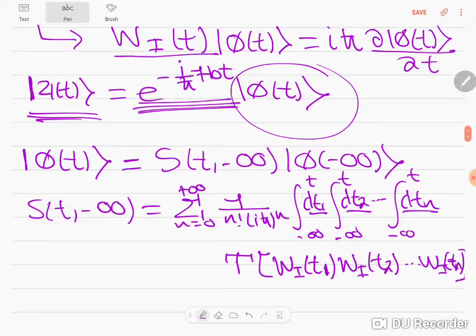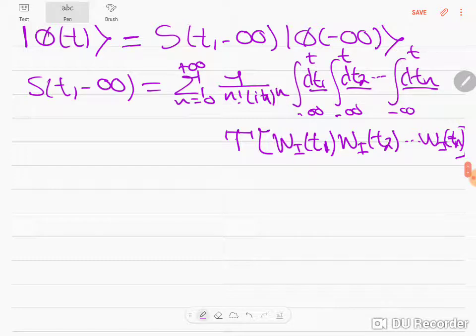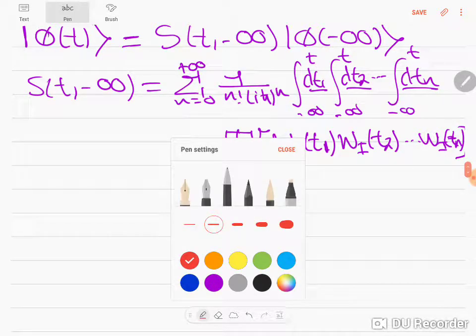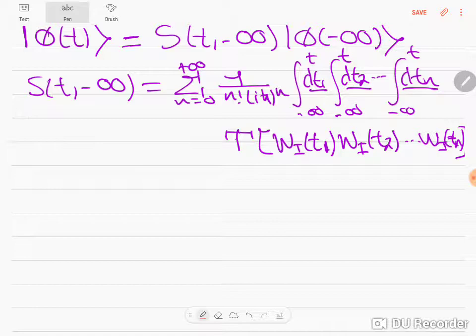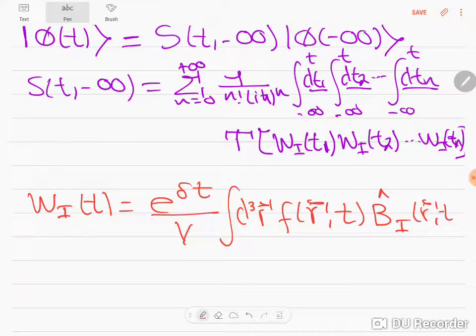Okay, now in the problem of linear response, what we're dealing with is the following. We have a perturbation W sub I of t, which, as we already showed, is equal to e to the delta t divided by V, integral of d3r prime, some sensitivity function of r prime and t, times some operator b sub I of r prime comma t.